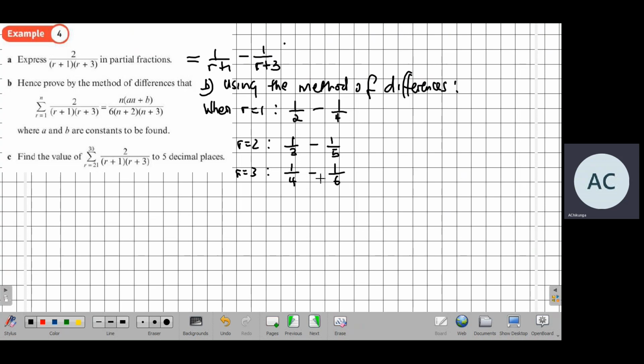It's clear if you look at the pattern. The numbers on the left hand side are 2, 3, 4. Then this is 4, 5, 6. So I can keep going. I know that this is going to be 5, and I know this is going to be 7. So the last term, which is n, since this is a 4 and this is a 5, will be n plus 1.